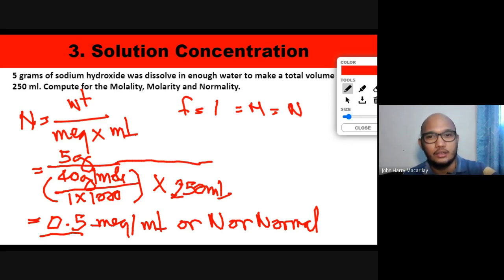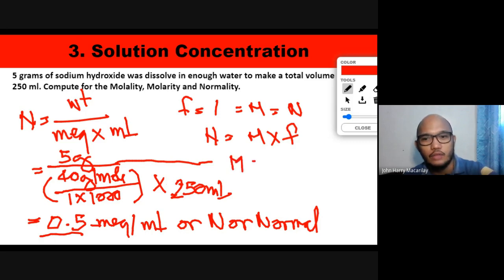If you wanted to convert, what is the relationship of molarity and normality if the factor is more than 1? If you want to convert molarity to normality, your formula would be M times factor. And if you want to convert normality to molarity, you have N divided by factor. Again, if the factor is 1, the molarity and normality have the same value.